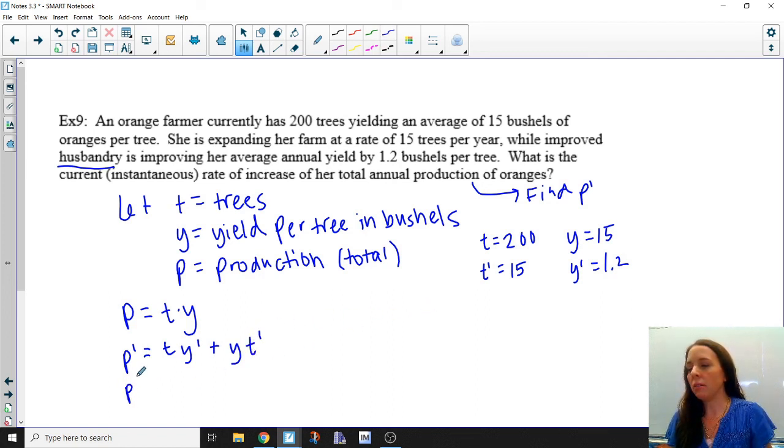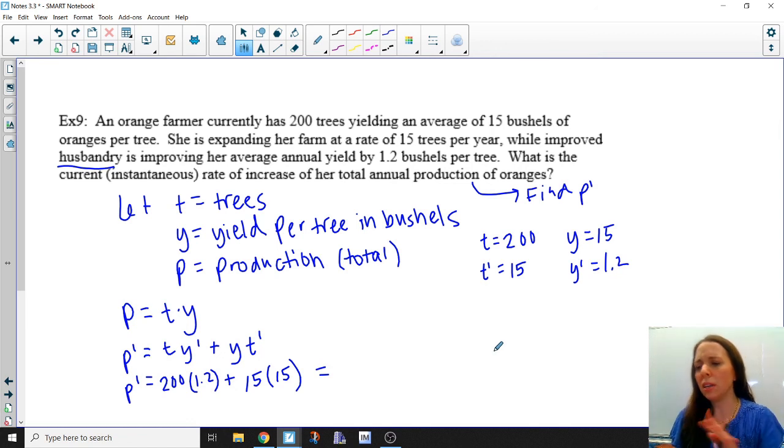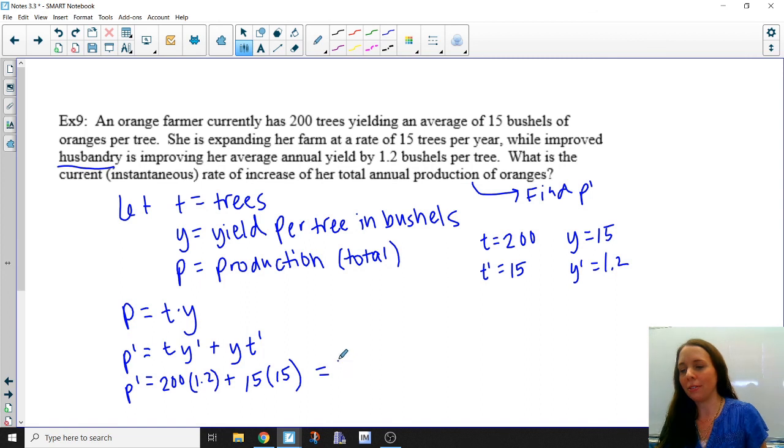And then using the known information, subbing in 200 for T, 1.2 for Y prime, 15 for Y, and 15 for T prime. And we will calculate that to be, I'm going to look at my answer key, 465.